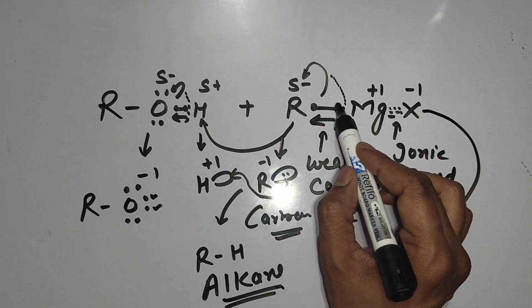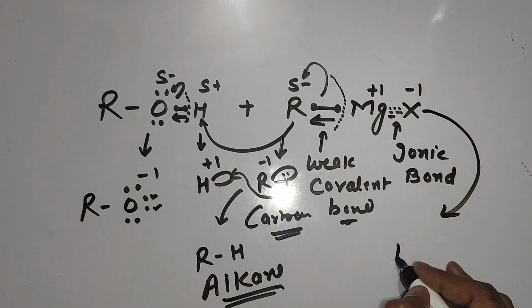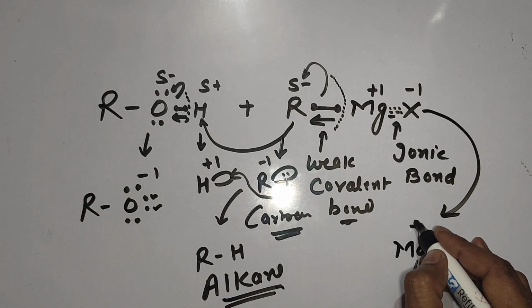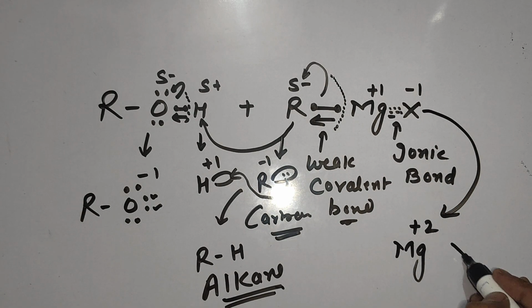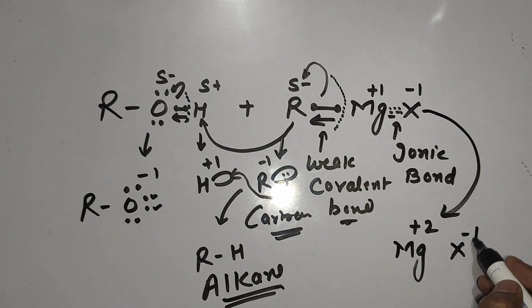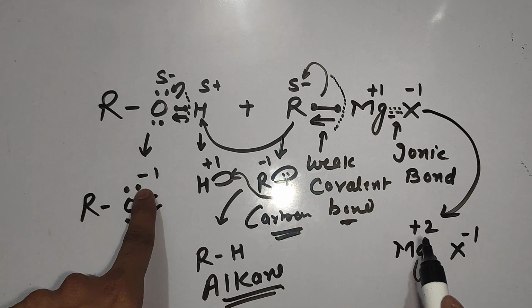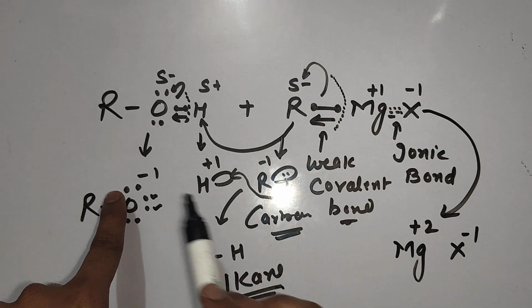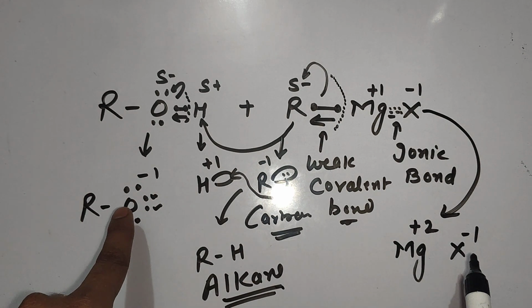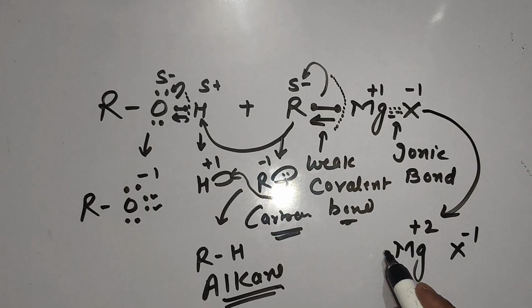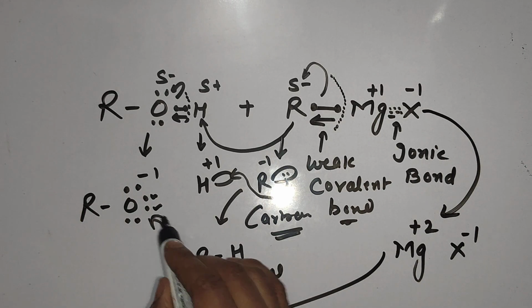Magnesium has lost one more electron of its own, so a +2 charge will generate on magnesium, and only one X is there, -1. Only one -1 cannot balance +2. So here we have one more -1, the -1 of oxygen. The -1 of oxygen and the -1 of X will combinedly balance this magnesium. So this magnesium is going to make a bond with oxygen.